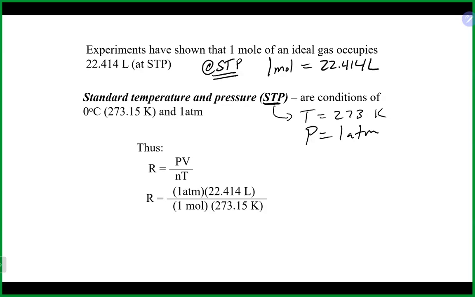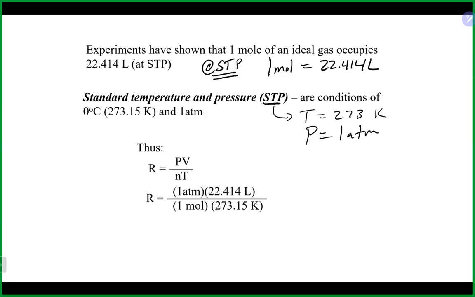So if you happen to be at STP conditions, you might not have to plug things into the ideal gas law. You can use that as a conversion factor. If you know the moles, you can find the liters. If you know the liters, you can find the moles, bypassing the ideal gas law. You can only use that relationship if you're at STP. So it has to be a temperature of 273 and a pressure of 1 atmosphere. If you are not exactly at those conditions, you should not use that conversion.